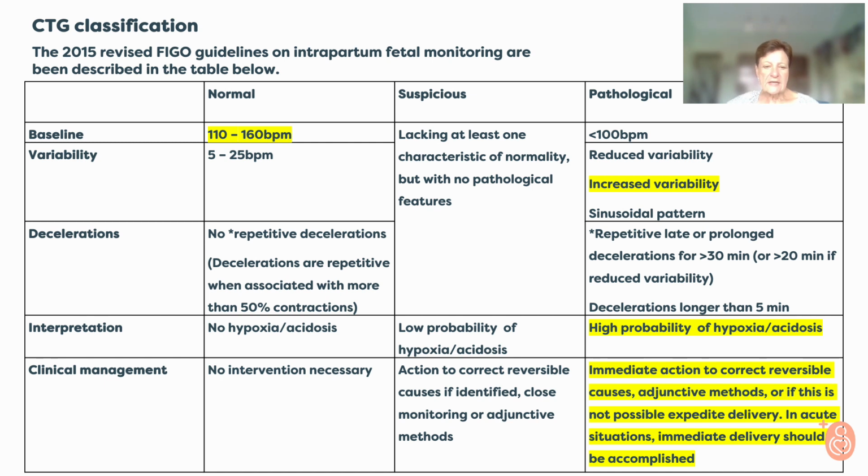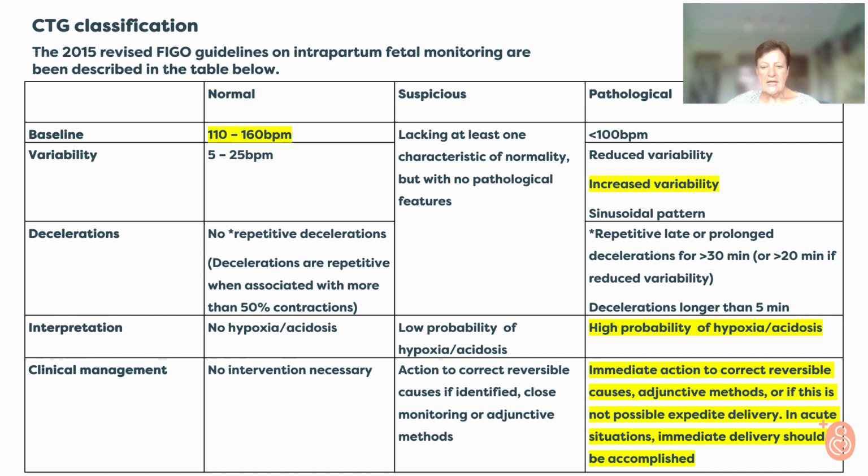If we look at the variability, we see that there was increased variability, so the variability falls under the pathological column. There were no decelerations, so the decelerations fell within the normal column. So the baseline was normal and there are no decelerations, but the increased variability puts this fetal heart rate under the pathological column.